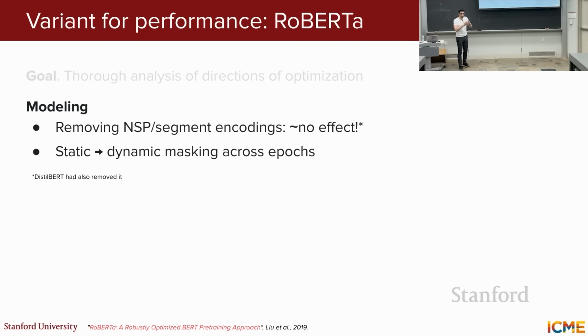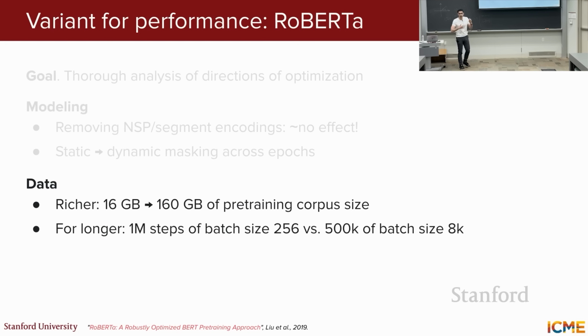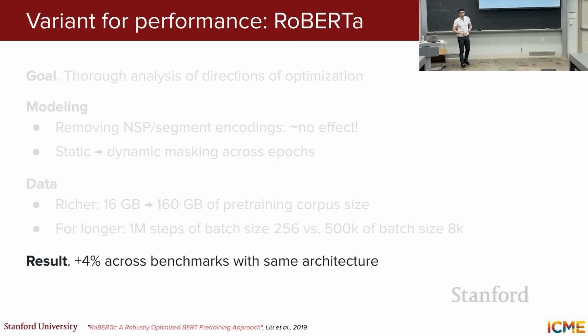For a given piece of text, at each epoch, every time you see the same text, you would change the masking. They also had some data strategy where they saw that the model was vastly undertrained. So they increased the diversity and the size of the data a lot. And they saw that benchmark performance increased quite a bit on the same benchmarks.